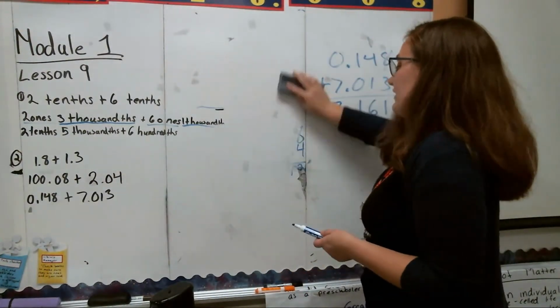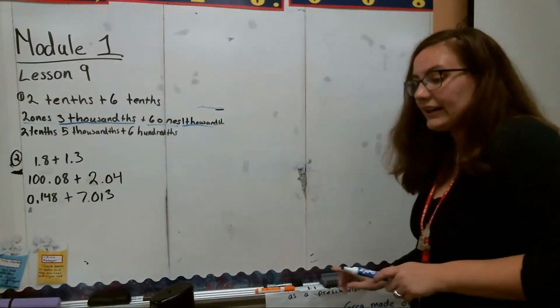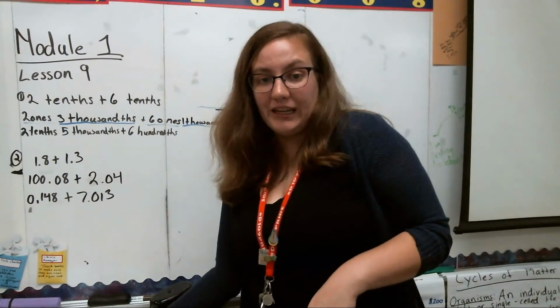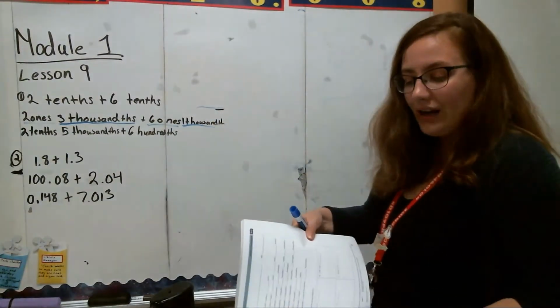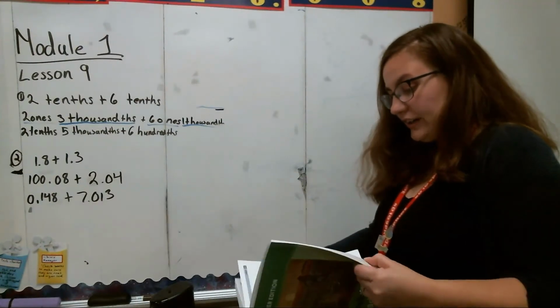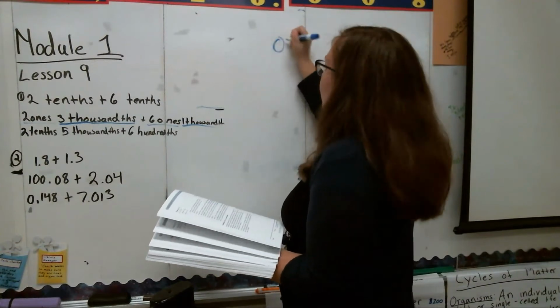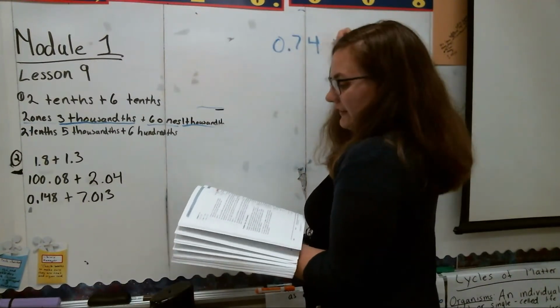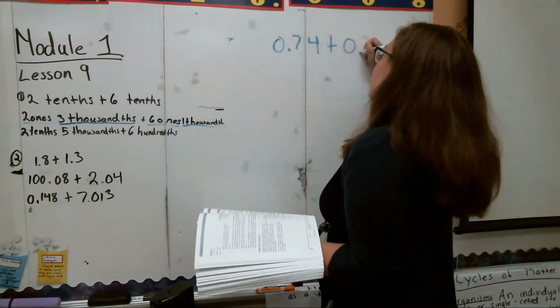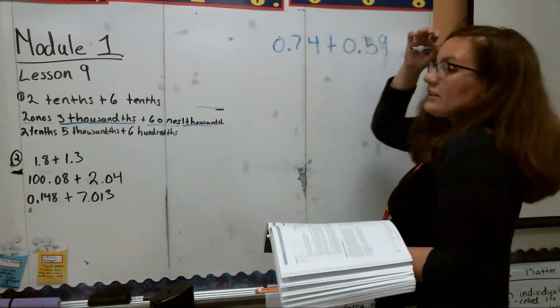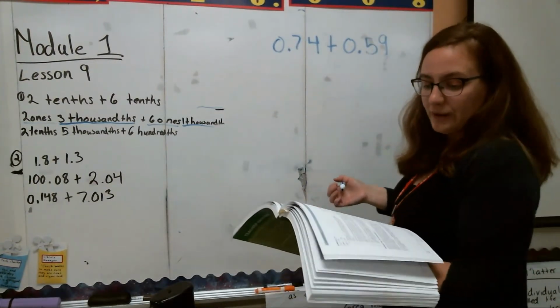I am going to give you a problem to work on, and you're going to check in with me after you finish this problem. So in your notebooks, you are going to be solving these 3 problems. We have 74 hundredths plus 59 hundredths. So that will be problem 1 that you need to solve in your notebooks.